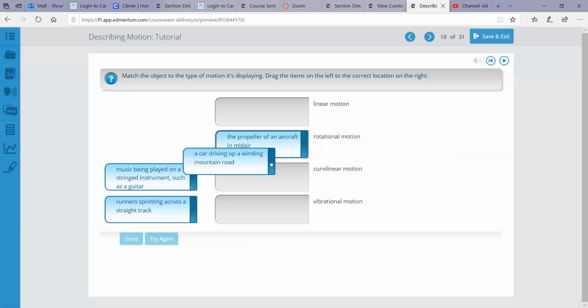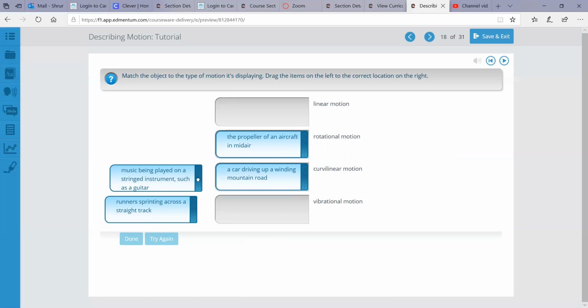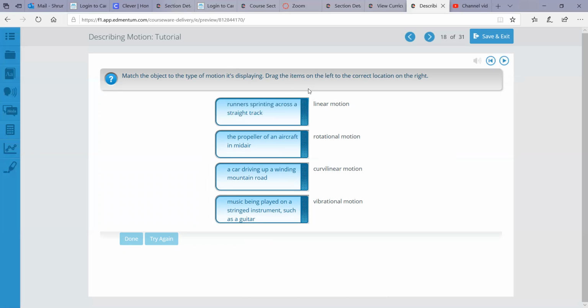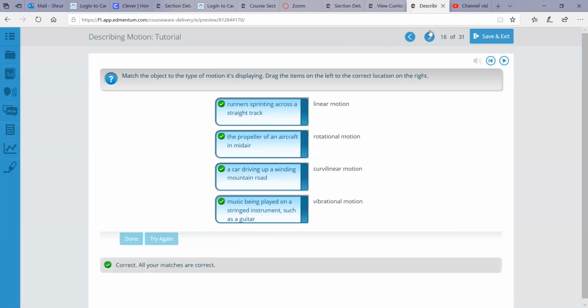Winding sounds curvy, and it's going from one point to another. That's curvilinear. Music being played on a stringed instrument. Gotta vibrate those strings. Strings, not springs. What am I saying? And then runners sprinting across a straight track is linear. Ta-da.